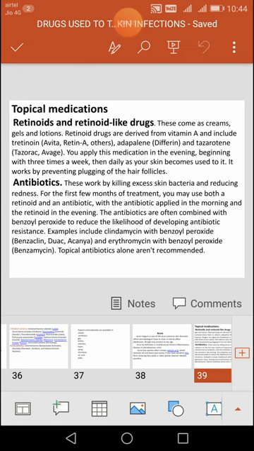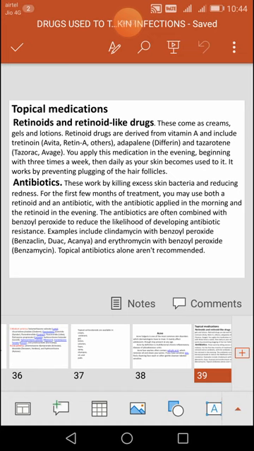These retinoid drugs are derived from vitamin A and they include tretinoin and tazarotene. This medication can be applied in the evening, and it works by preventing the plugging of the hair follicles.